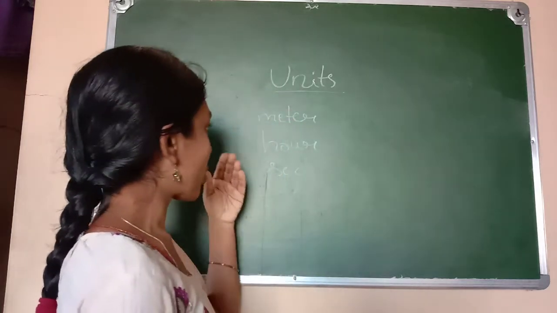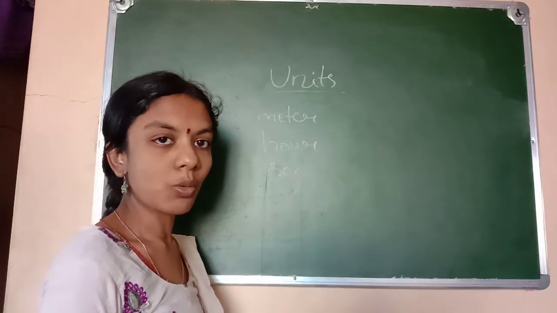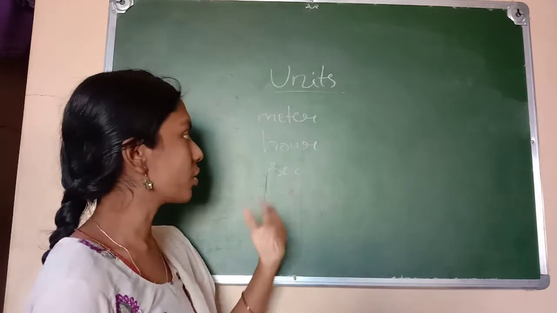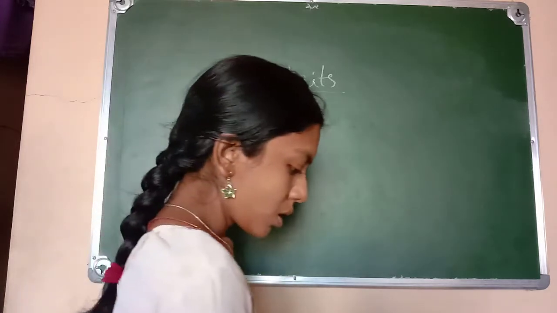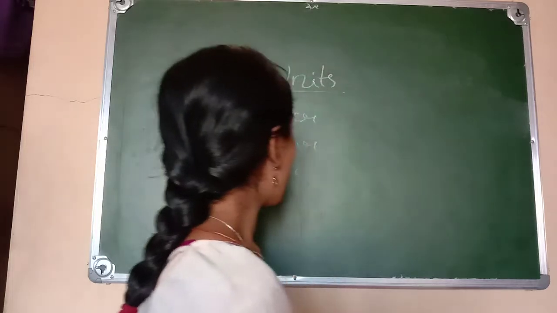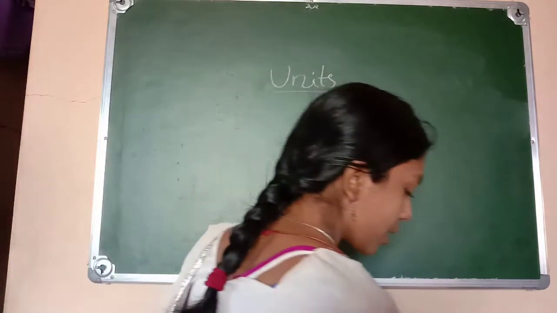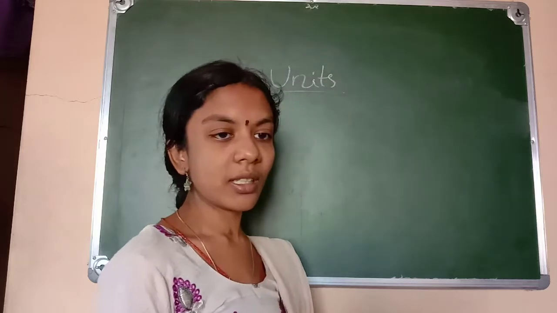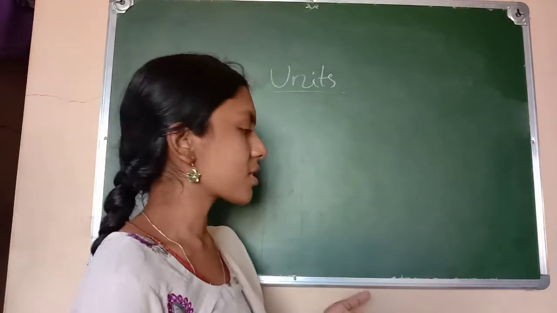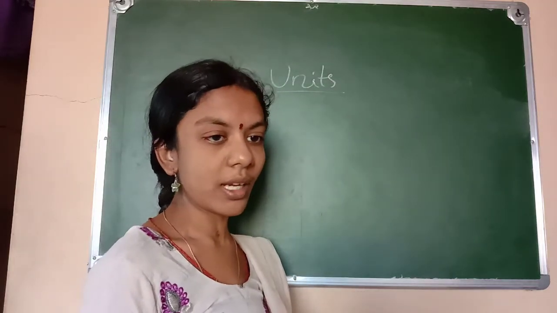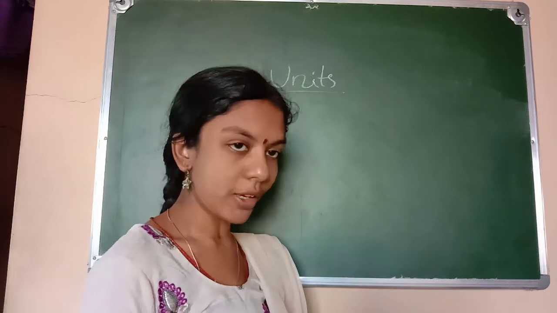So what is this meter? What is an hour? What is a second? What are these units exactly? When we want to know what exactly these units are, it is a method or a reference we use to measure something.